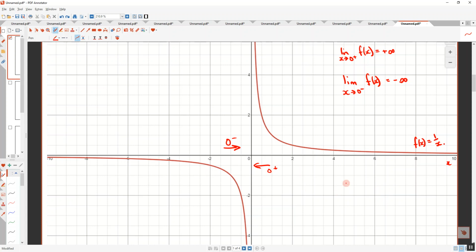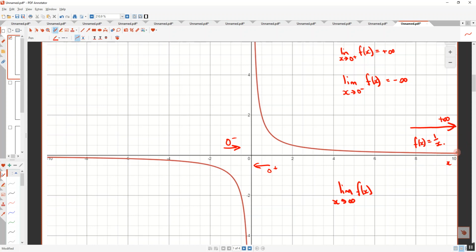We also said the other two were the limit, and these are ones that students tend to not like so much, of f of x as x goes towards positive infinity. So as I'm looking at this, my x-axis is tending towards positive infinity the more I move in this direction. It's way, way out there.